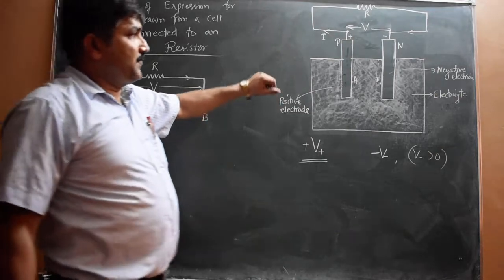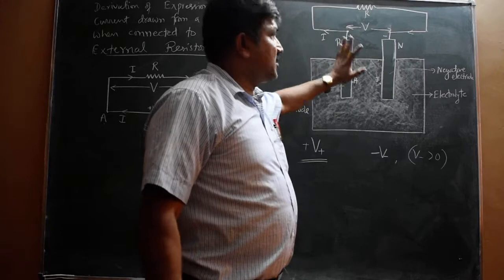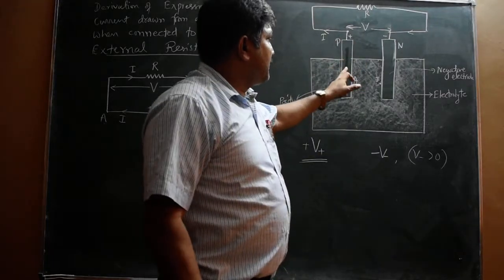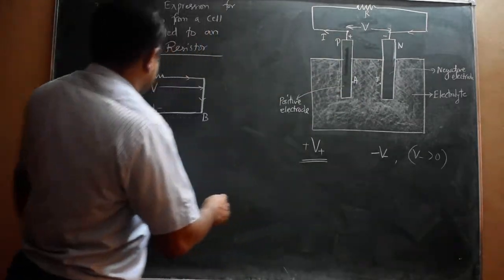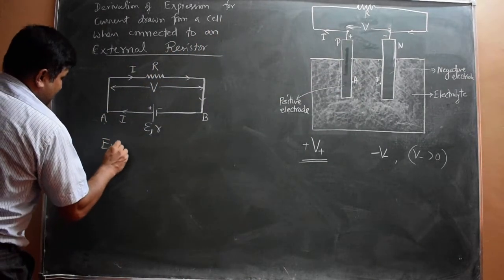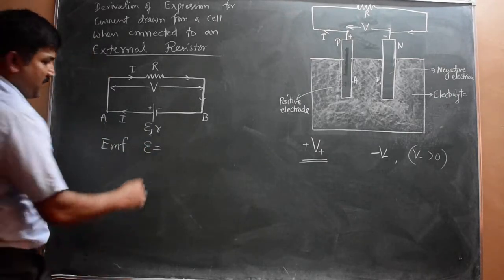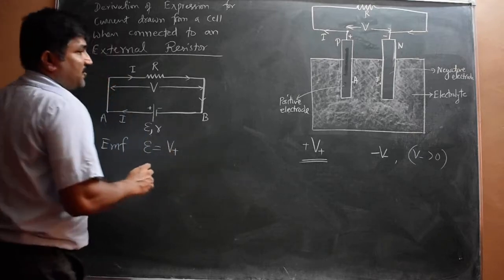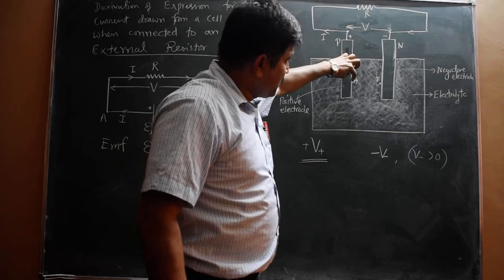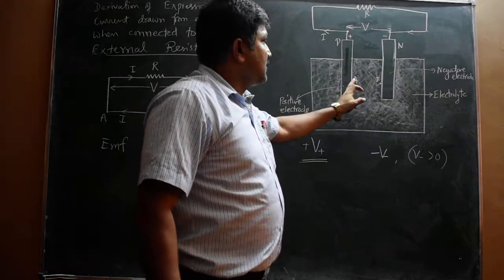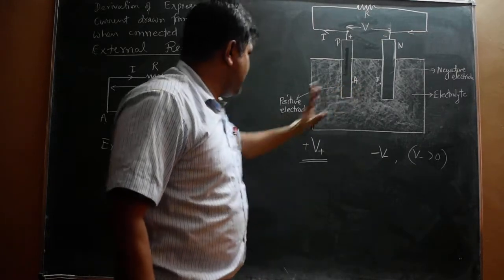Whenever there is no current flowing or drawn from the cell, the EMF is the potential difference between the two electrodes. That is, the potential of the positive electrode with respect to the immediate neighboring electrolyte point, say A, on the electrolyte is V plus.